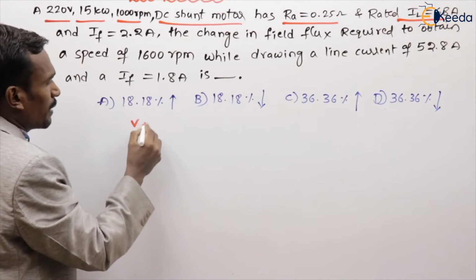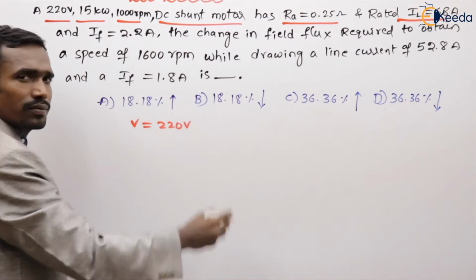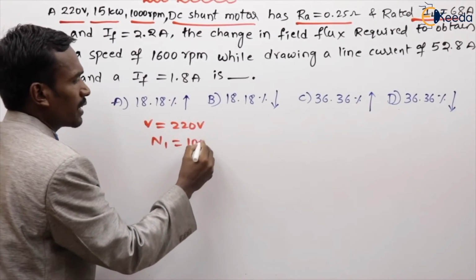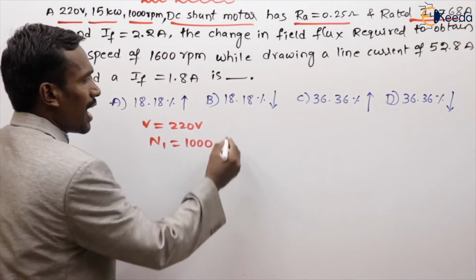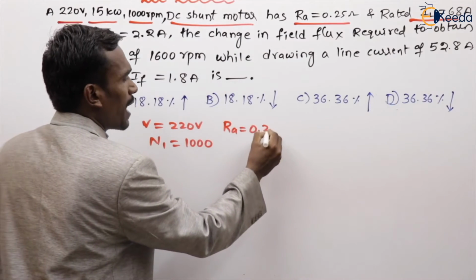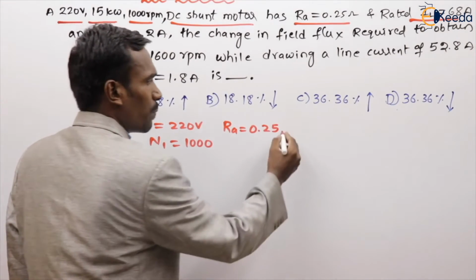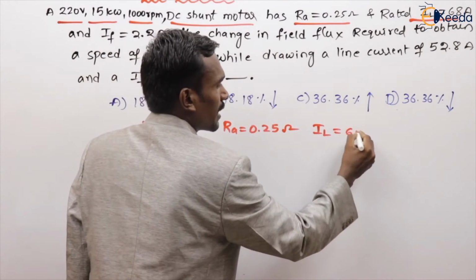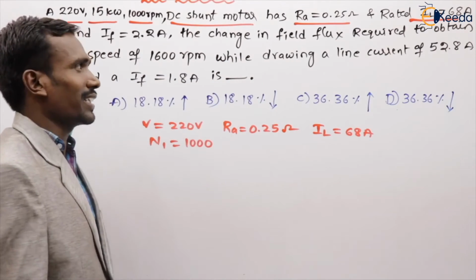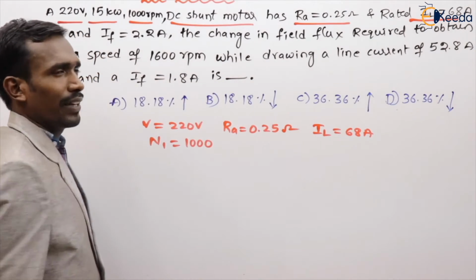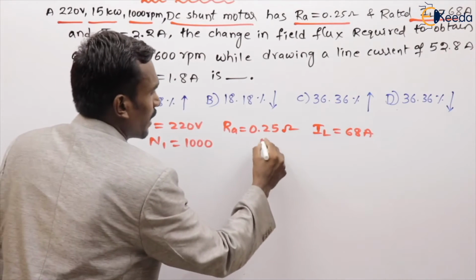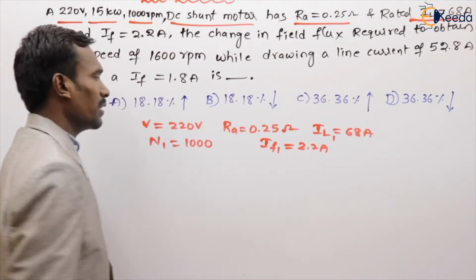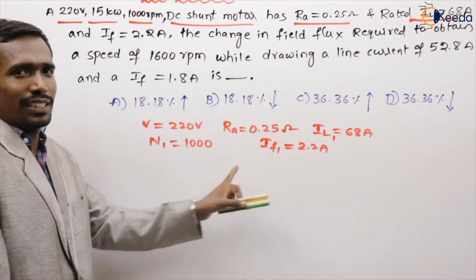Supply voltage is 220 volts, initial speed is 1000 RPM, armature resistance is 0.25 ohms, and line current is 68 amperes. Field current is also given, 2.2 amperes. Line current 1, field current 1, and N1 are given data.